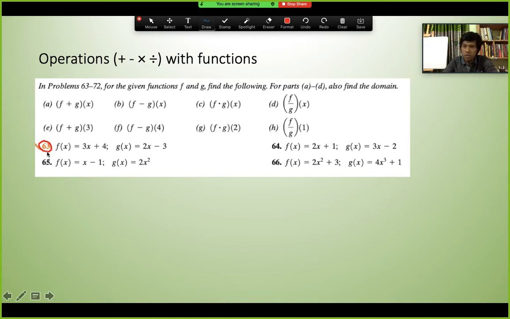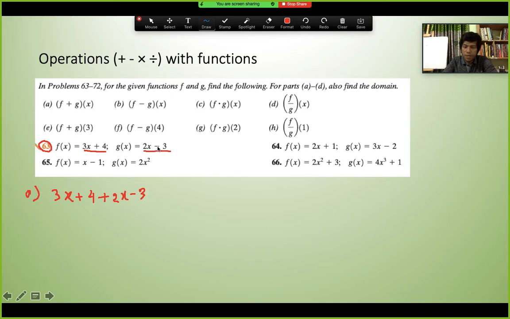If we try to solve the first one, you see f(x) is given as 3x plus 4, g(x) is given as 2x minus 3. So part a: our question is f plus g, that means this plus this. So it will be 3x plus 4, then plus 2x minus 3.